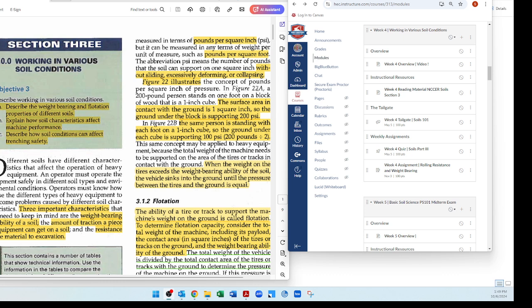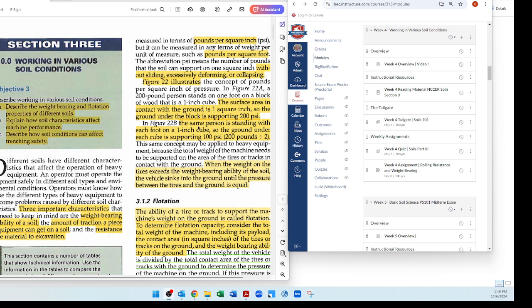In Figure 22A, a 200-pound person stands on 1 foot on a block of wood that is 1 inch square. The surface area in contact with the ground is 1 square inch, so the ground under the block is supporting 200 pounds. I'm going to that figure in a minute.